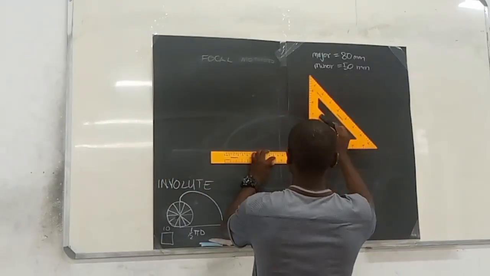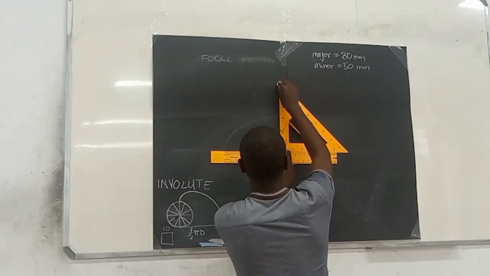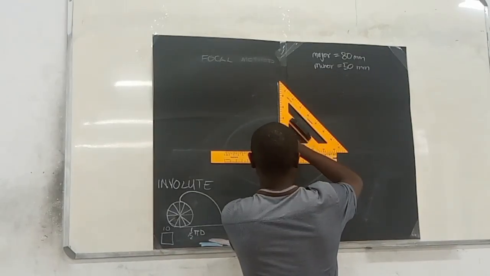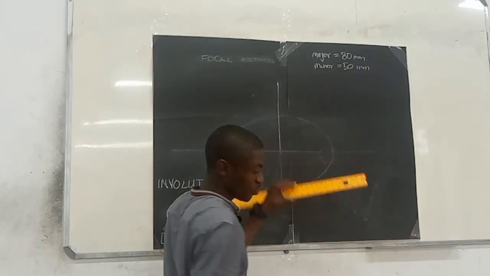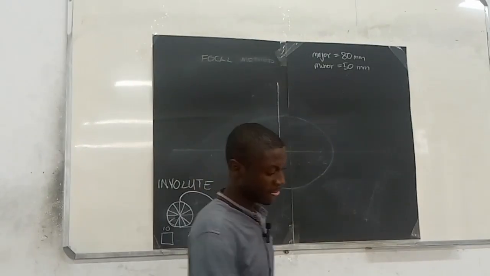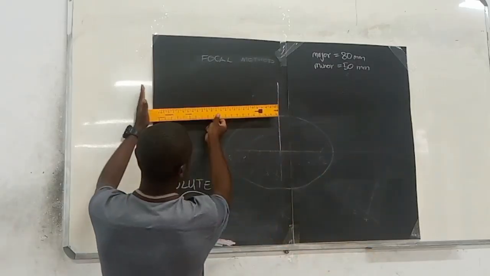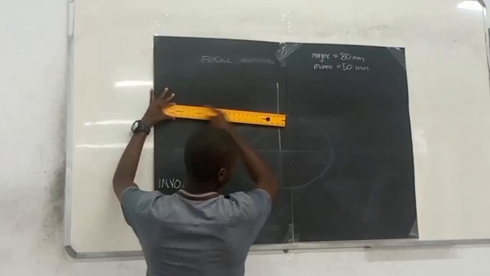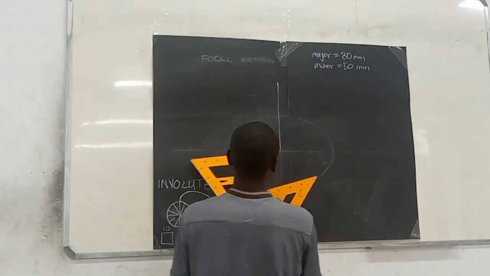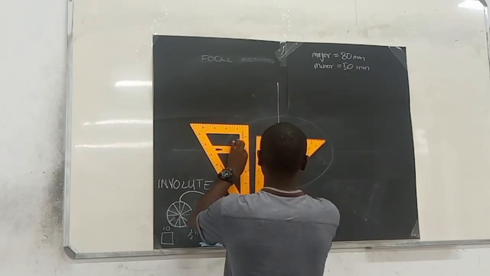Then on top of your t-square, you draw a line like this. Try to draw it a bit on top of the paper because we'll be using a lot of space. Then using the same t-square, you put it like that, then have a line that intersects properly, somewhat at 90 degrees. For me, I'll use this line that I had here as a reference.